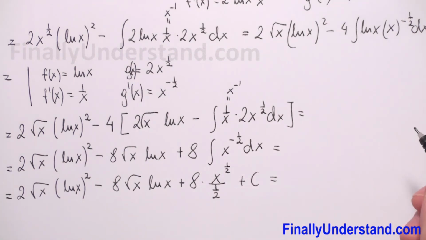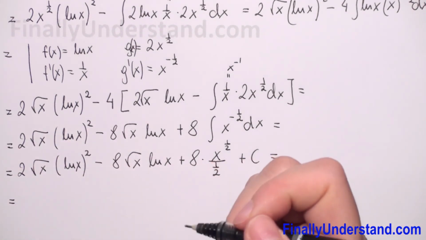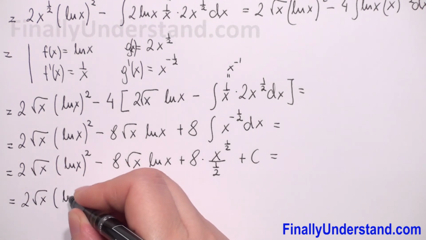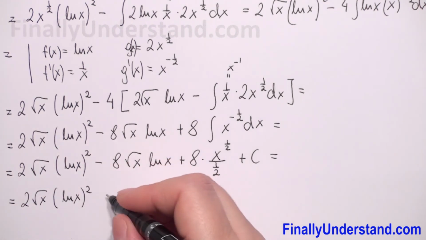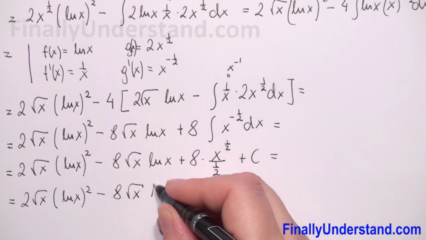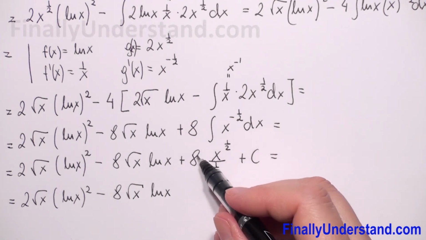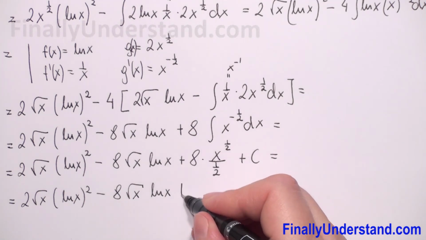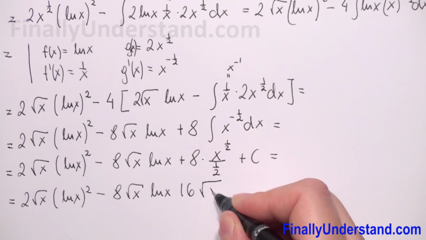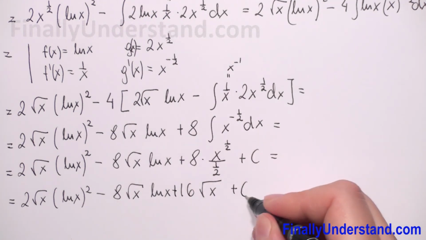So this is equal to 2 square root of x natural logarithm of x to the second power, minus 8 square root of x natural logarithm of x. We have to flip this number, so it will be 8 times 2 is 16, x to the 1/2 power is the square root of x. I forgot to put plus, plus constant c.